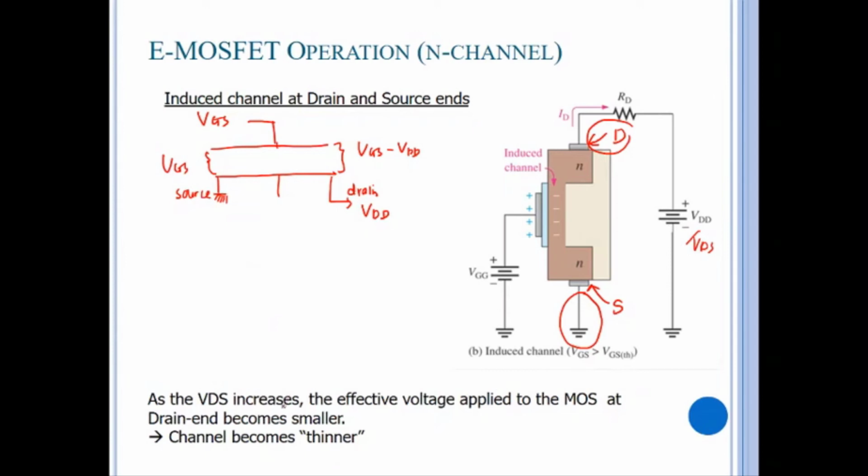So what will happen is the electron channel, or the electrons accumulated at the drain end, will be much smaller, and then the channel will become much thinner. So this is the explanation.